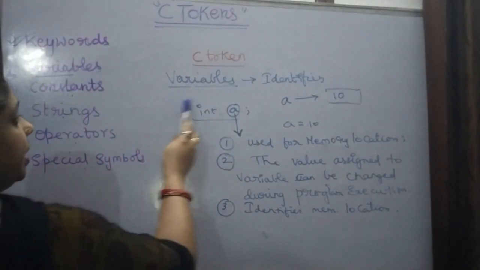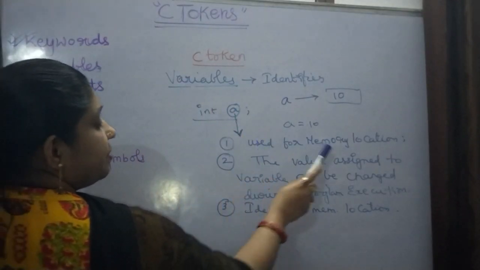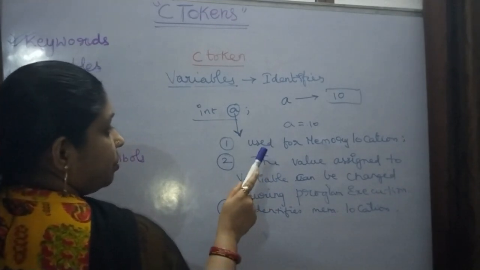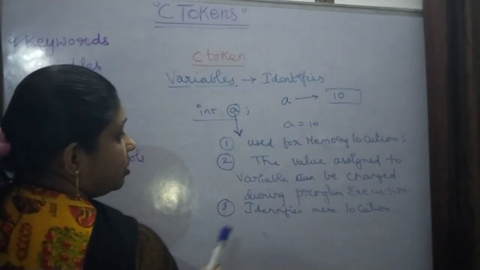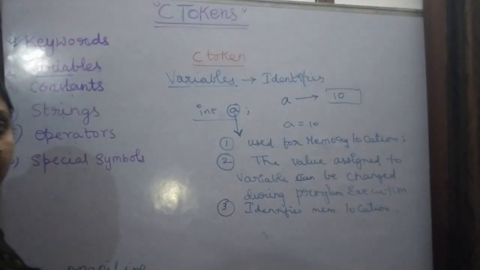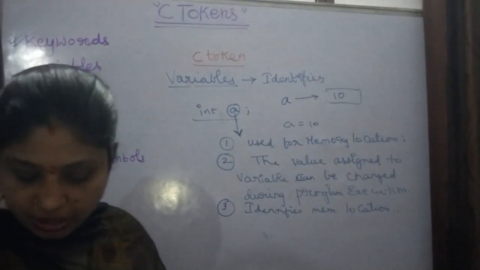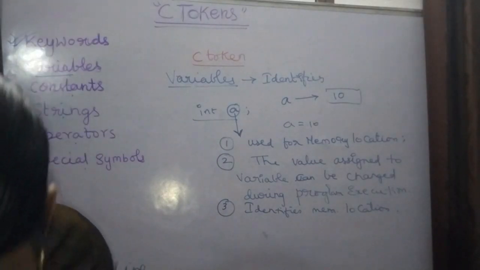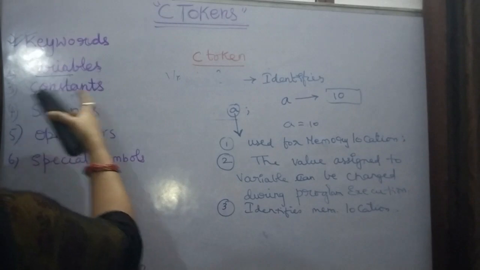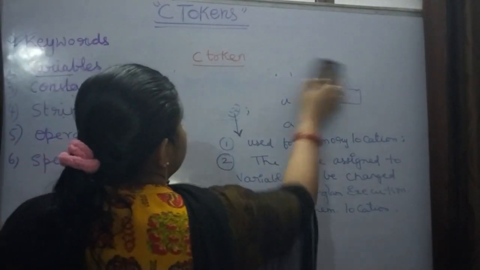So variables are the identifiers which are used for memory location, the value assigned to that variable can be changed during program execution, and it identifies the memory location. Okay, so this is about the variables. Now next is constants. Constant is one of the C tokens.